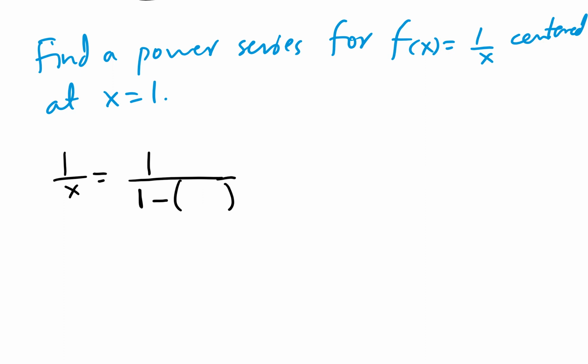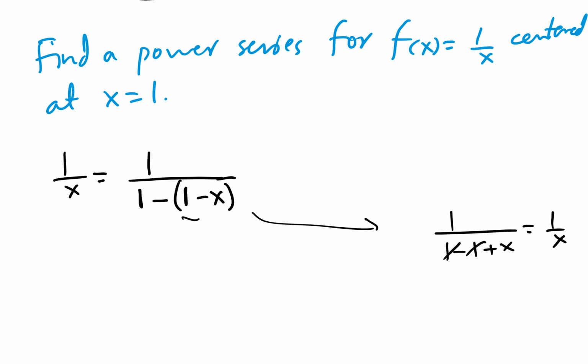To do 1 minus something, I need a 1 inside because 1 minus 1 will cancel each other. And I need a minus x in there because when I distribute the negative, I get the 1 on the left side back. So if you take this aside and multiply it, you get the function back.